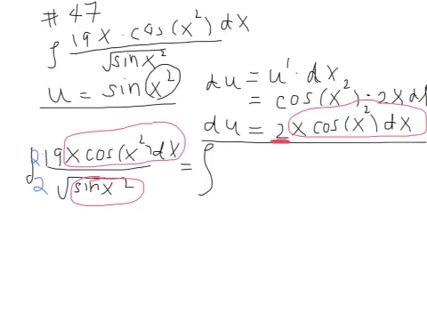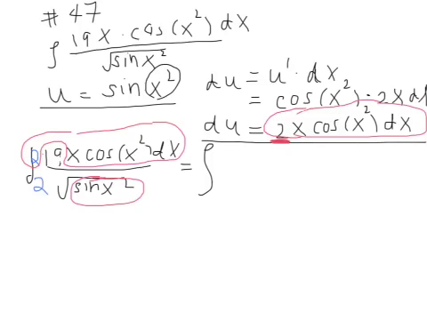So now we got x cosine of x squared dx times 2. You see? And right here, 2x cosine of x squared dx is just du.